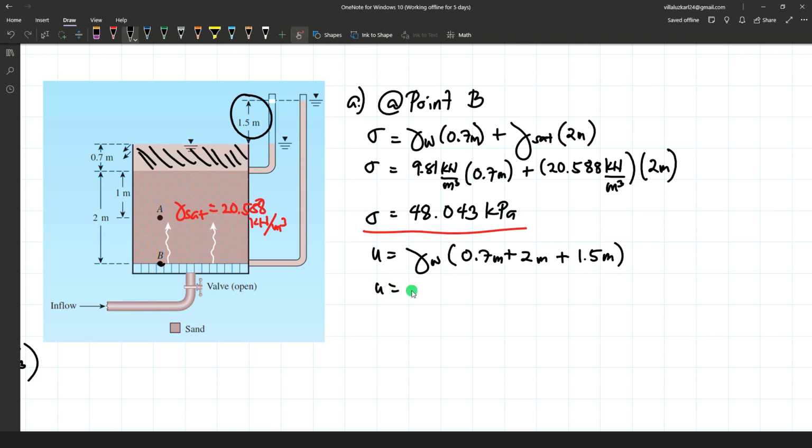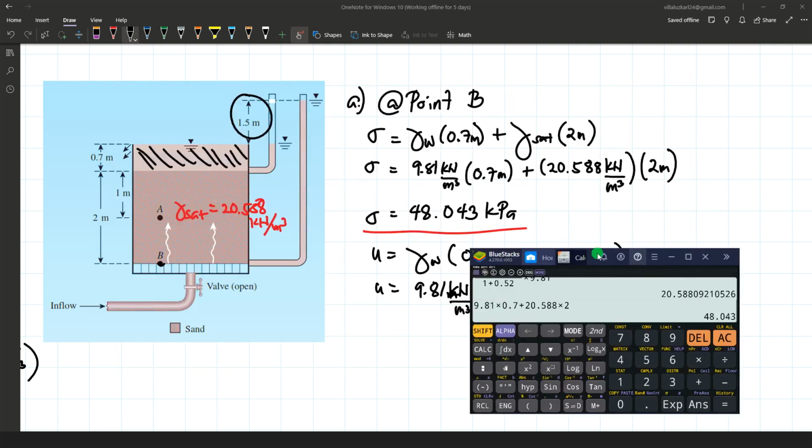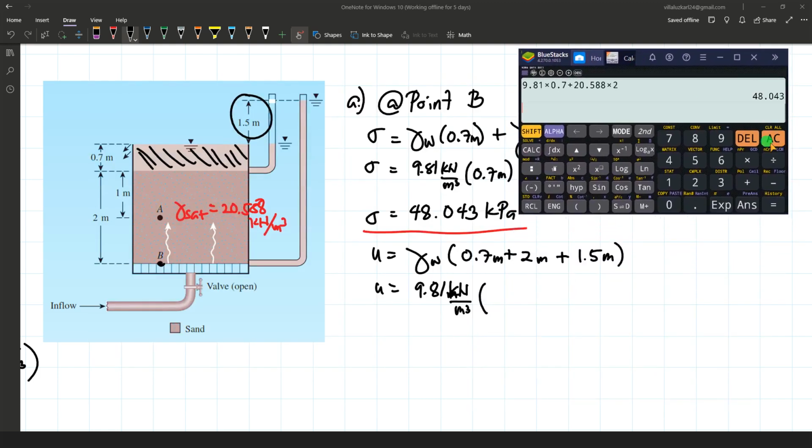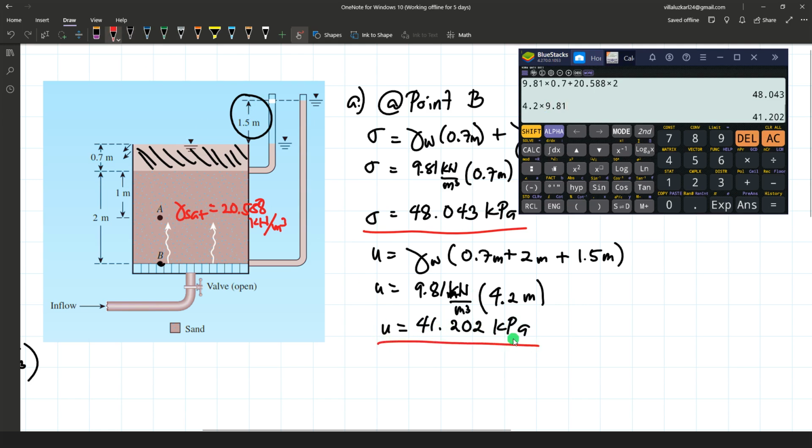Okay, so 9.81 kilonewtons per cubic meter multiplied by this 2.7 plus 1.5, that's 4.2 meters. So the water pressure is 4.2 times 9.81, 41.202 kilopascal. That's your water pressure.